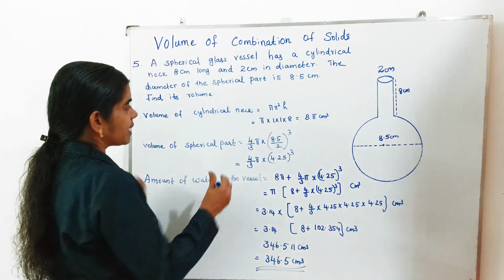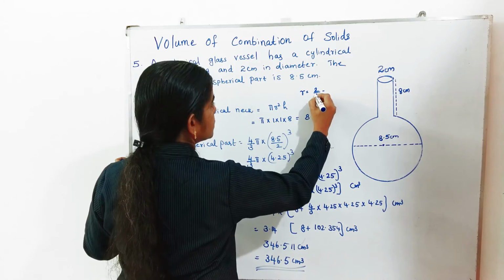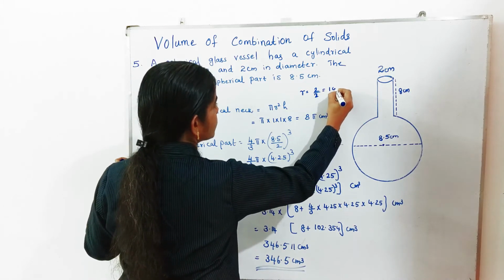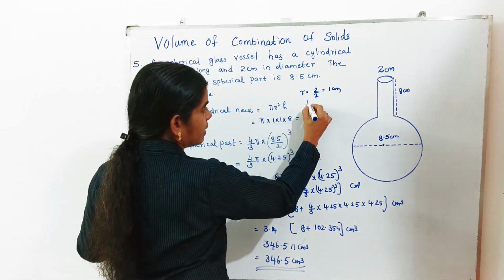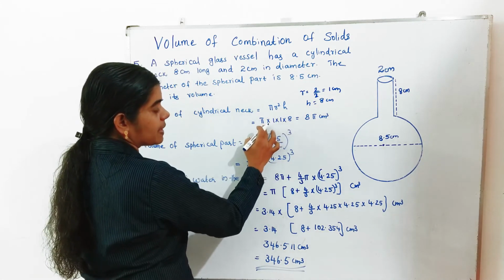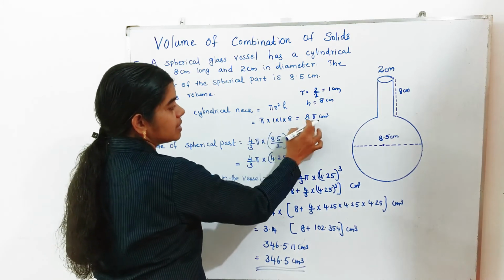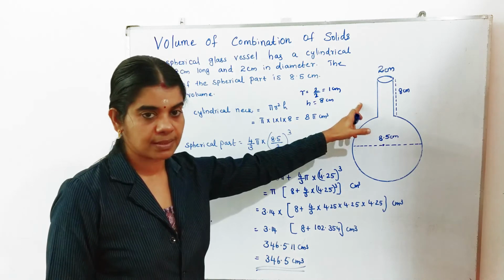So radius is equal to 2 by 2, that is equal to 1 cm. Then volume is equal to pi r square h, pi into 1 into 1 into 8. 8 pi centimeter cube will be the volume of the cylindrical part.